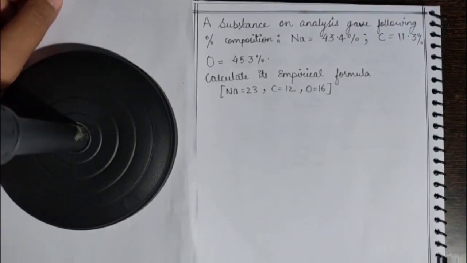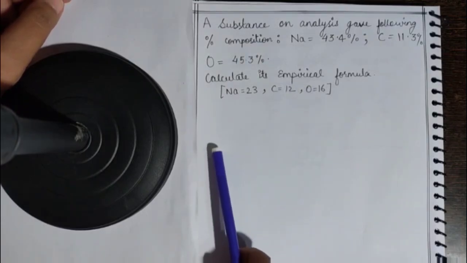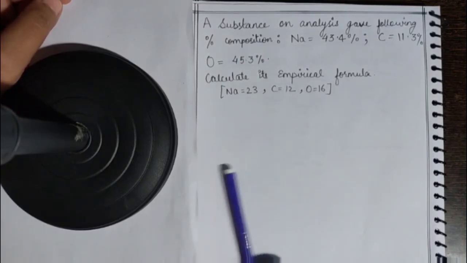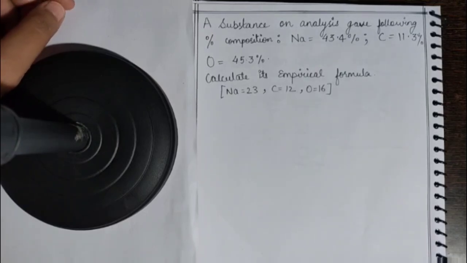Take this example where the question is saying that a substance on analysis gave the following percentage composition: sodium in 43.4%, carbon in 11.3%, oxygen in 45.3%, and the question is asking us to calculate the empirical formula, and it has also given us the atomic masses.